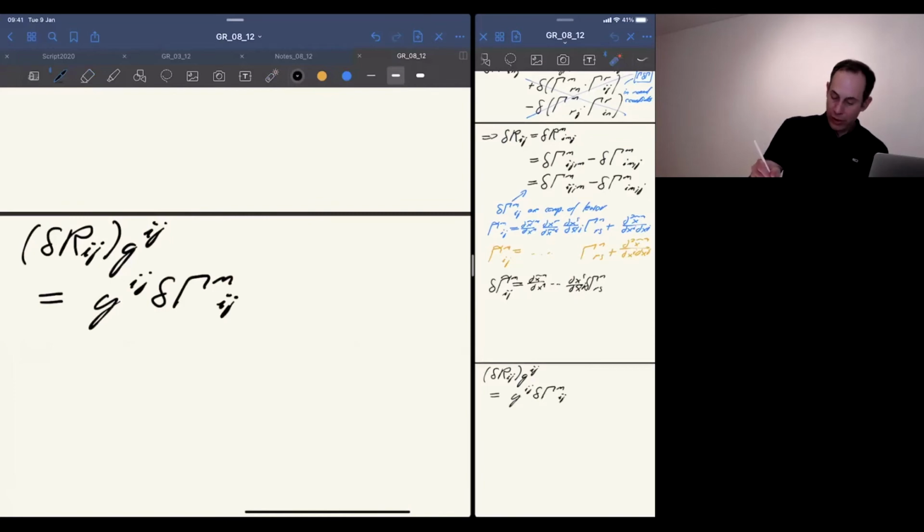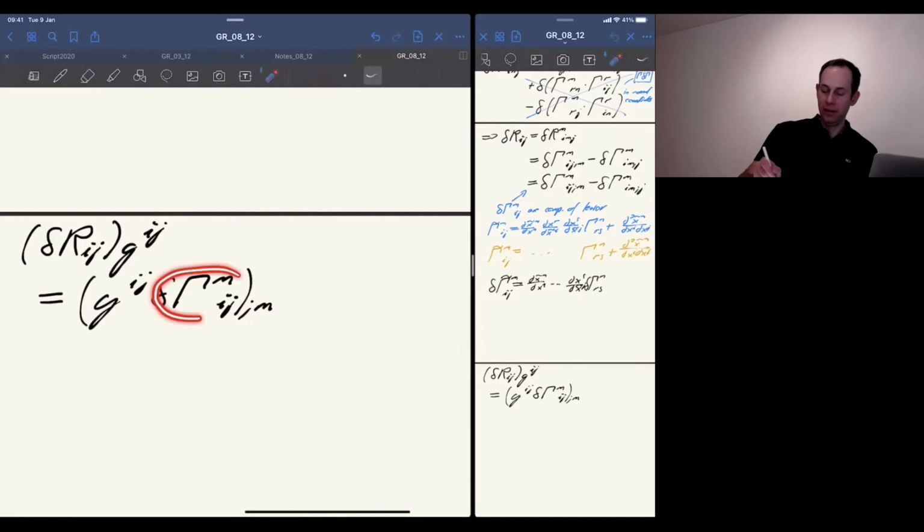And now I would have to put the semicolon n, but I'm putting the semicolon outside of the bracket, which means that the derivative acts on the whole product. So it acts on this part here, but it also acts on this part. But this is the same as just taking the derivative only of the second expression, because note that the covariant derivative of the metric is zero, because the metric is invariant under parallel transport.